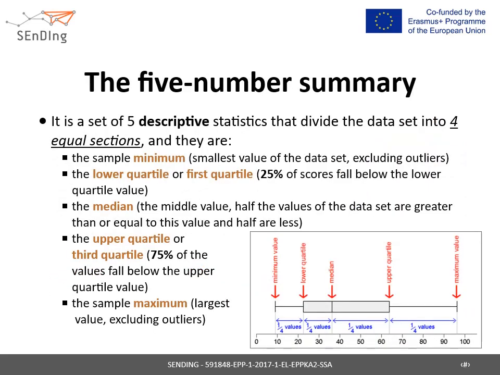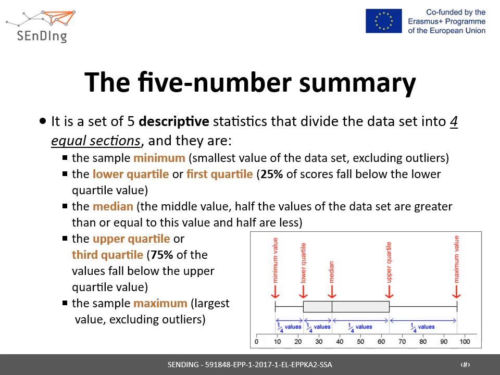The 5-number summary is a set of 5 descriptive statistics that divide the dataset into 4 equal sections. These 5 numbers are the sample minimum, the smallest value of the dataset, excluding outliers. The lower quartile or first quartile: 25% of scores fall below the lower quartile value. The median, the middle value.